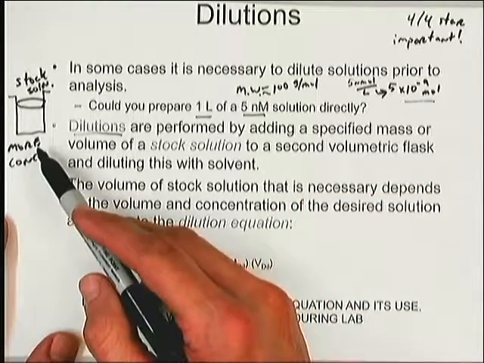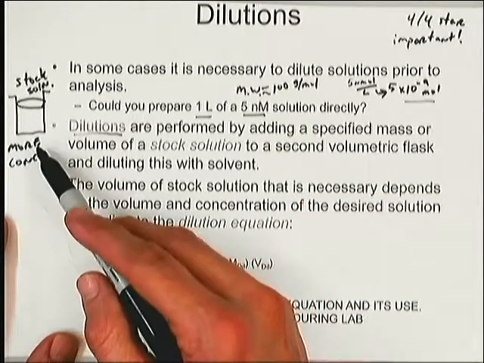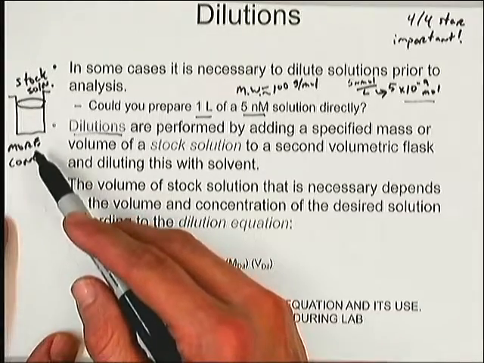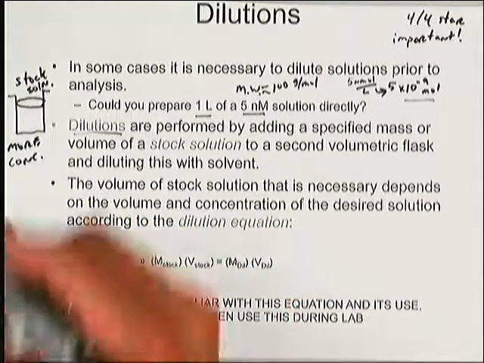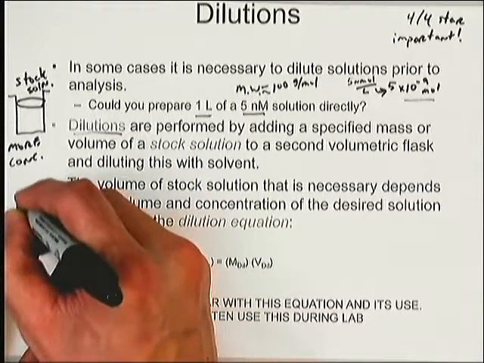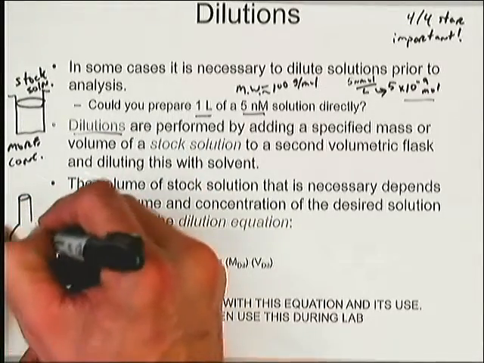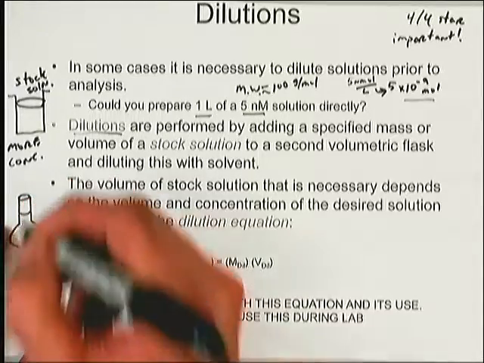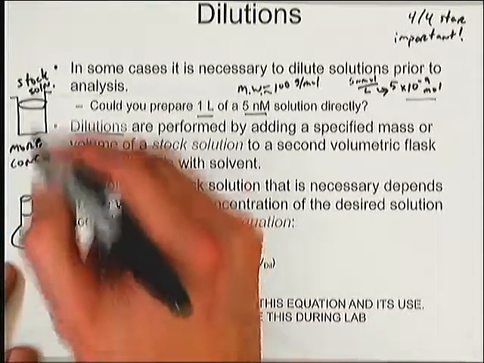After we make our stock solution, we can then dilute this down with additional solvent. The way that that works is then we would take our stock solution, get ourselves another volumetric flask, and again, usually use volumetric flasks for making these solutions.